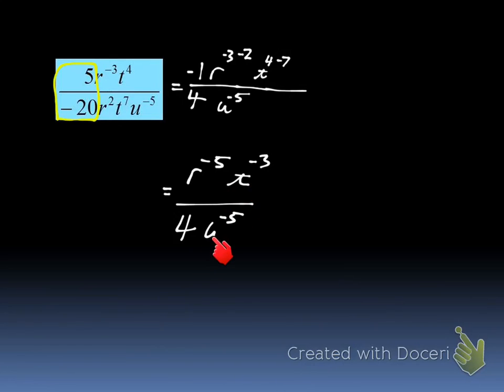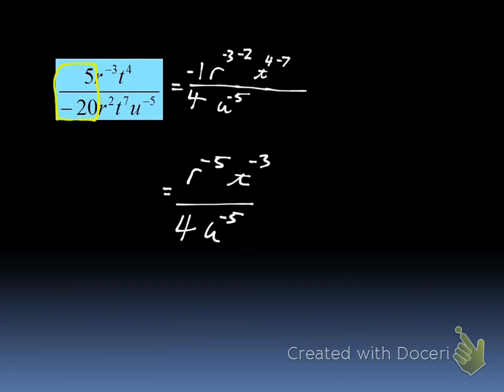These all three are negative, so all three of them have to be what? What do we have to do with all three? Flip. Flip them. Okay. Flip them, make them positive. So the R comes down, the T comes down, the U goes up. Where's the 4 go? Stay there. It stays there. Good. Okay?